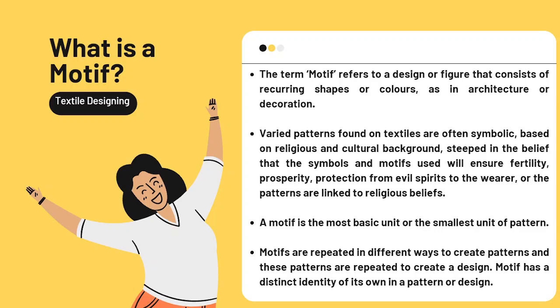A motif is the most basic unit, the smallest unit of a repeat pattern. Motifs are repeated in different ways to create patterns, and these patterns are repeated to create a design. A motif has a distinct identity of its own in a pattern or a design.